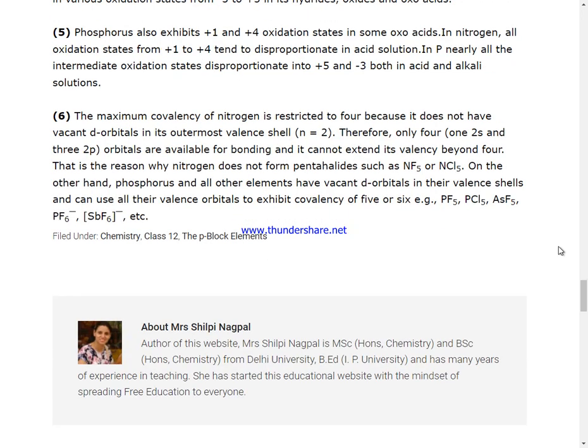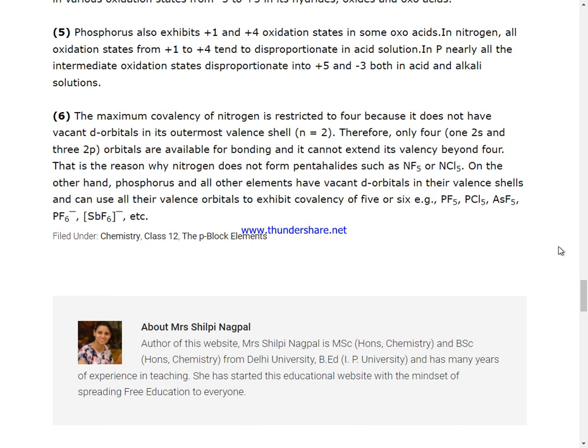The maximum covalency of nitrogen is restricted to 4 because it does not have vacant d orbitals in its outermost valence shell, n equal to 2. Therefore, only 2s and 2p orbitals are available for bonding, and it cannot extend its valency beyond 4. That is the reason why nitrogen does not form pentahalides such as NF5 or NCl5.